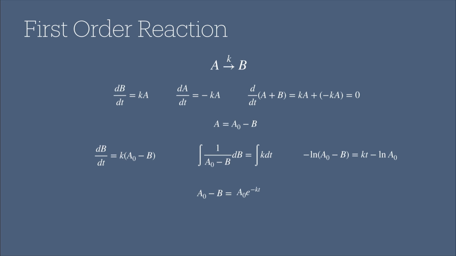Rearranging the equation gives B equals A naught minus A naught times e to the power of negative Kt.